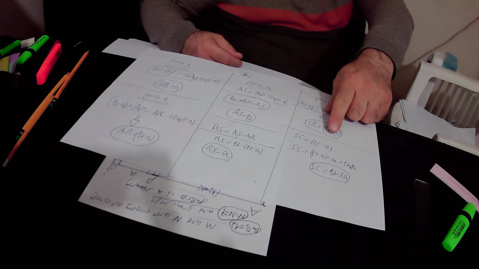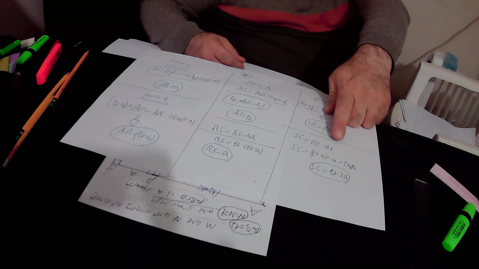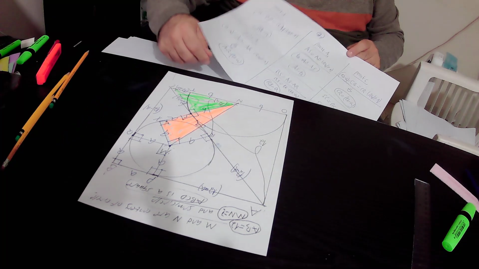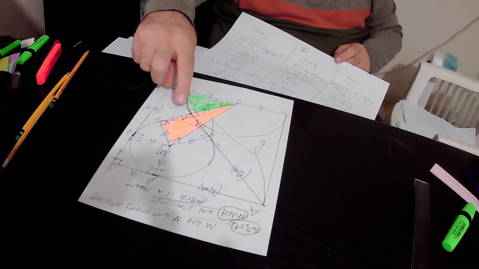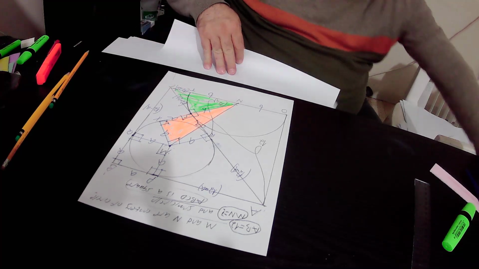RC, we already found out, equals 12 minus A. And we have already found out that RS equals A. So in conclusion, SC equals 12 minus A minus A. 12 minus A minus A is equal to 12 minus 2A. So in conclusion, the length of line segment SC is equal to 12 minus 2A.